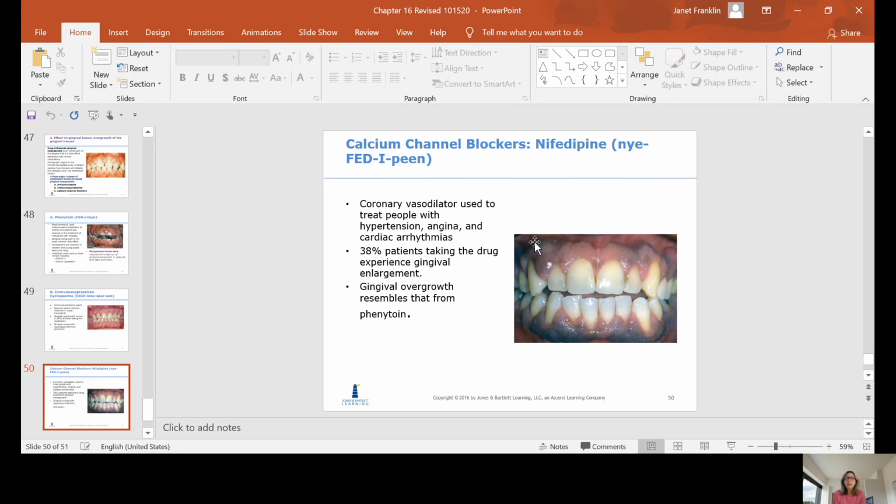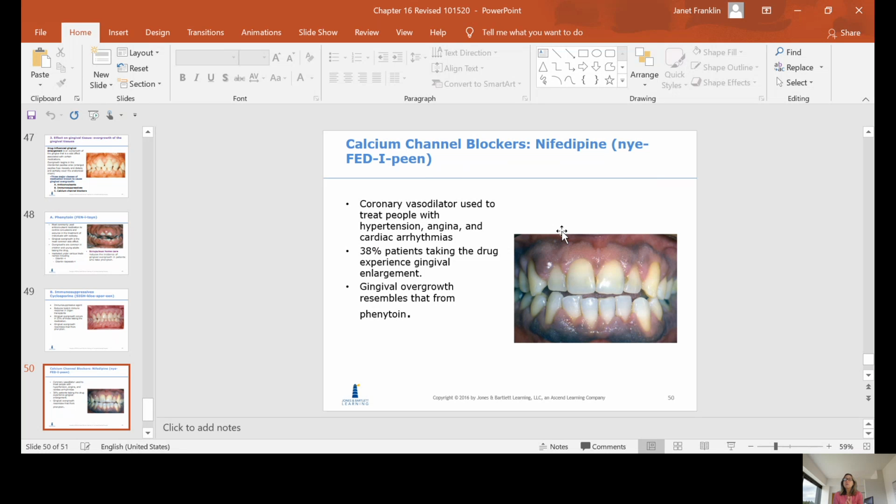And calcium channel blockers. Calcium channel blockers are a category of blood pressure medicine, coronary vasodilators used to treat people with hypertension, angina, and cardiac arrhythmias. It doesn't happen on everybody that takes the medication, but usually you'll start to notice it in the interdental spaces like this, where it's looking kind of thick.